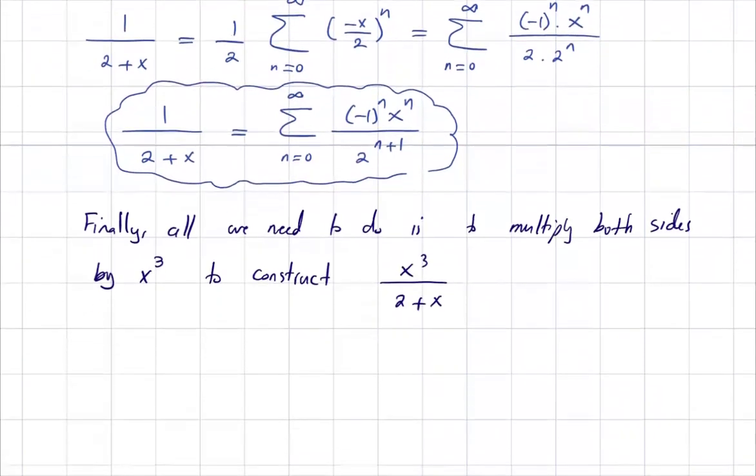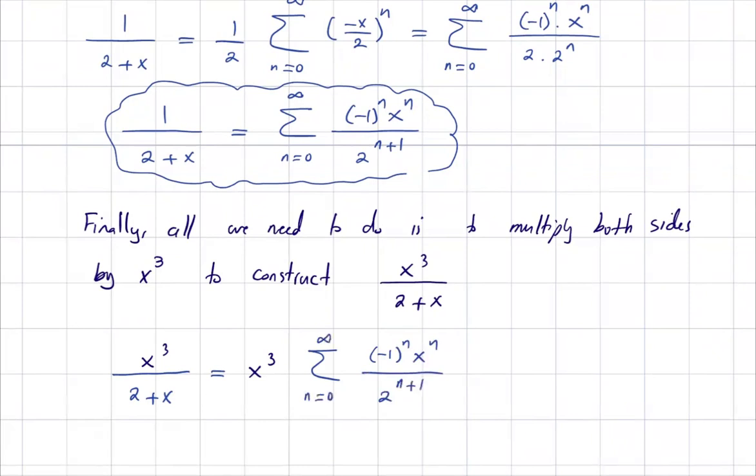So let us begin. X cubed divided by 2 plus x is equal to x cubed times the power series that you have, the summation of negative 1 to power n, x to the n divided by 2 to power n plus 1, and start from 0 to infinity.